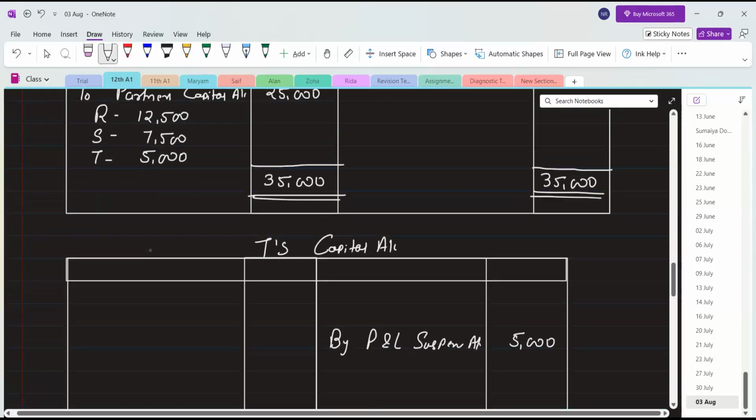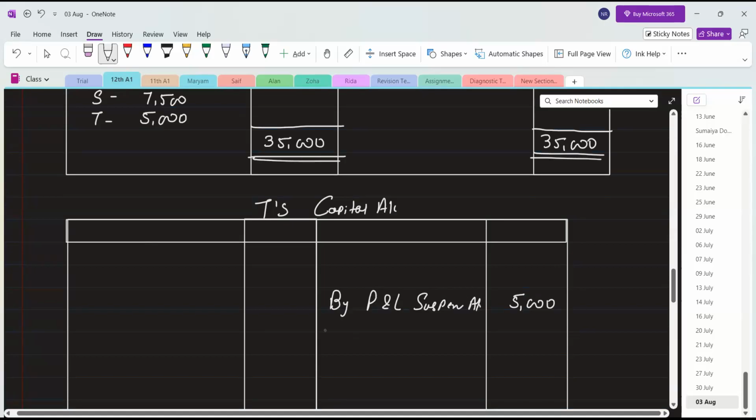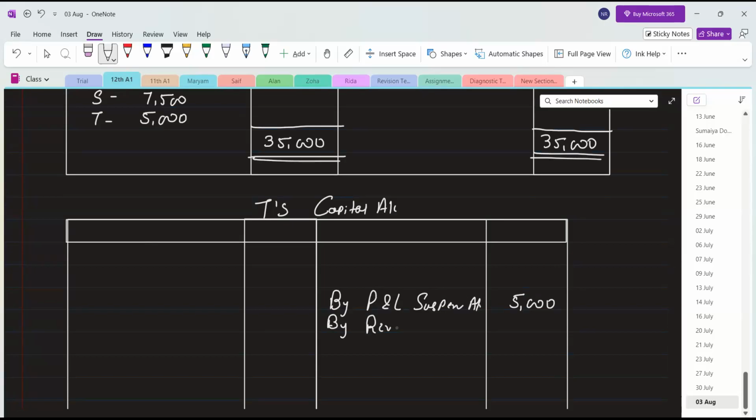Now this balance of T will go here by revaluation, 5,000.